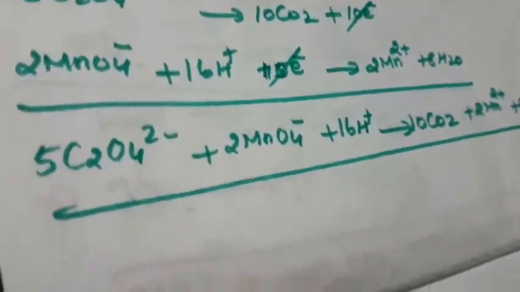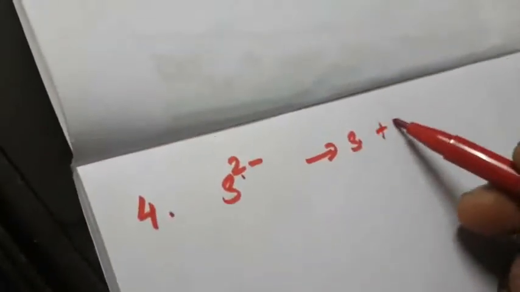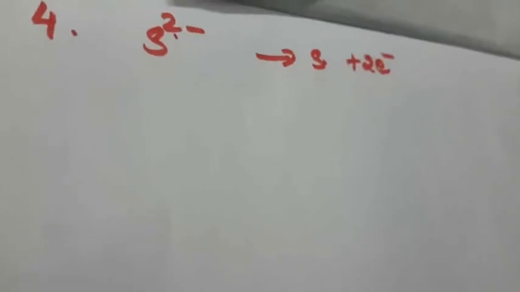How many electrons here? 2 electrons, so we are adding 2 electrons here. What is the general equation? I am writing the general equation here.